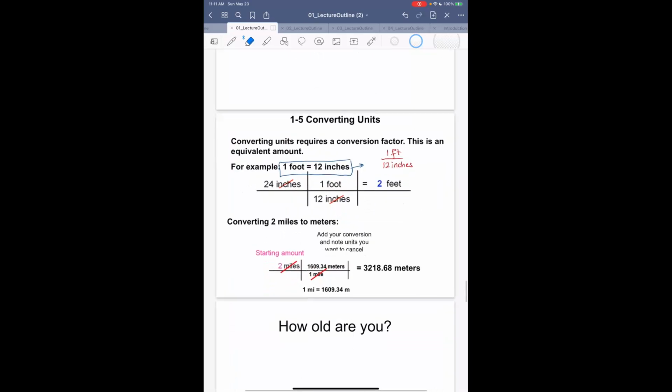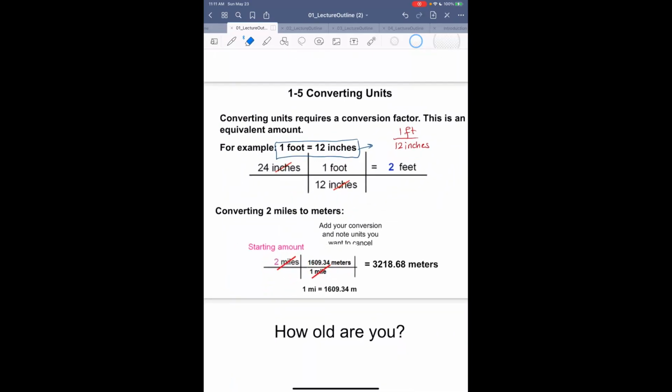I can also do the conversion from miles into meters. One thing that I want you to know here, and maybe it's not clear here, is that usually the conversion factors and some of the constants in the equations, we call them exact numbers.